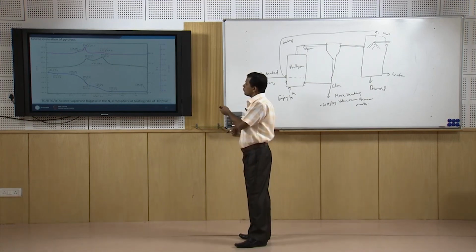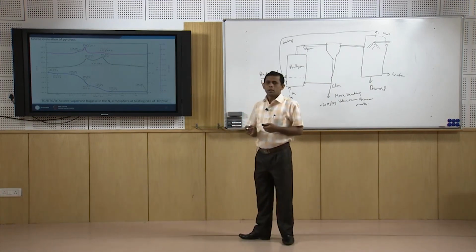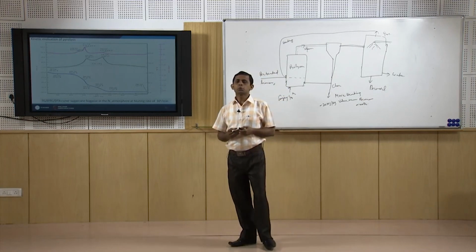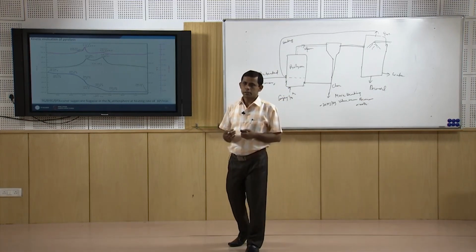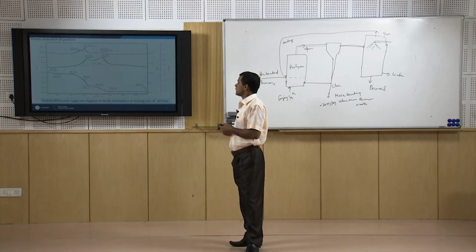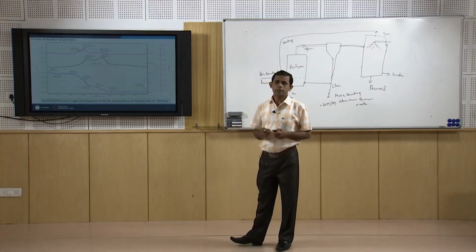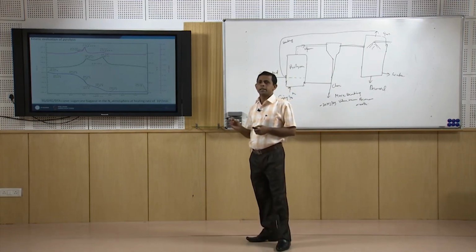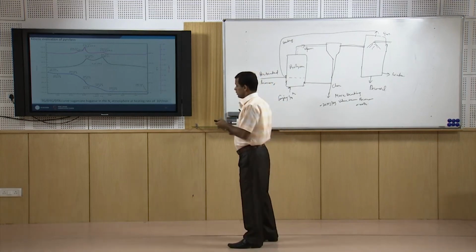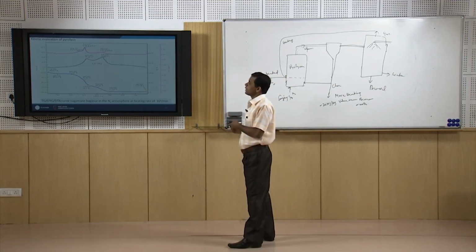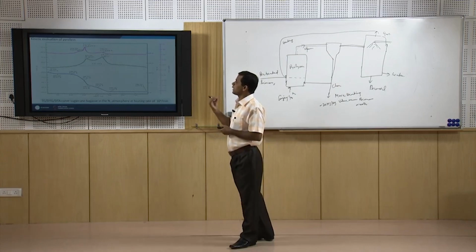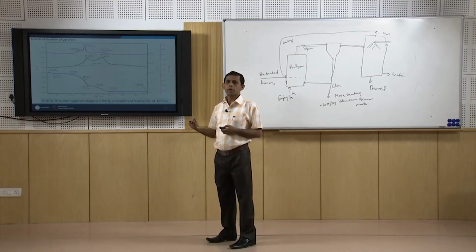These data are also used to determine the kinetics of the reaction and the order of the reaction. I am not going to explain all those procedures in detail, but extensive research is going on to determine the kinetic parameters for different types of biomass and wastes.